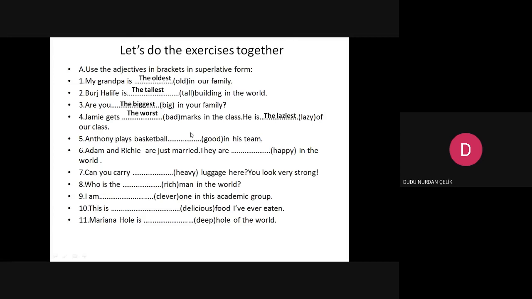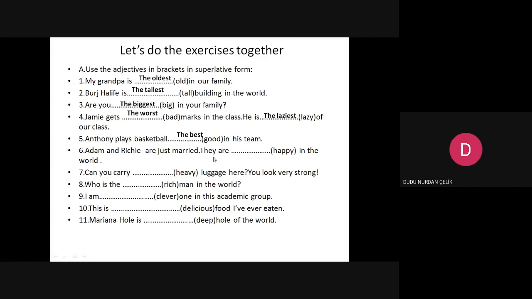Very good. Number five. Anthony plays basketball good in his team. In his team, a group. And we choose Anthony. So we say, very good, the best. Good is irregular. Adam and Richie are just married. They are newly married.